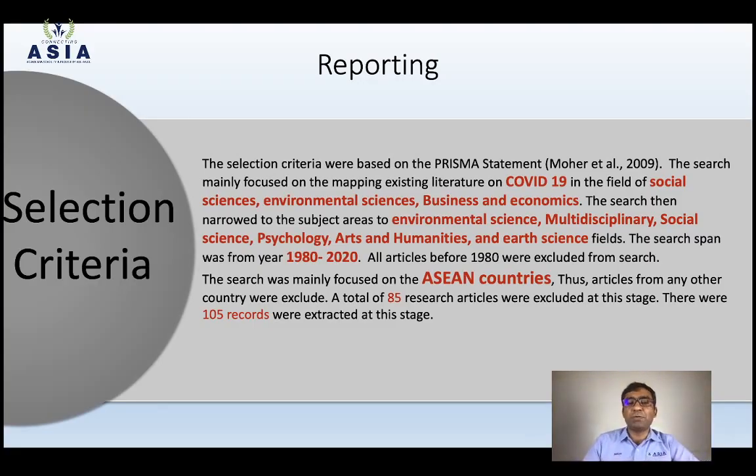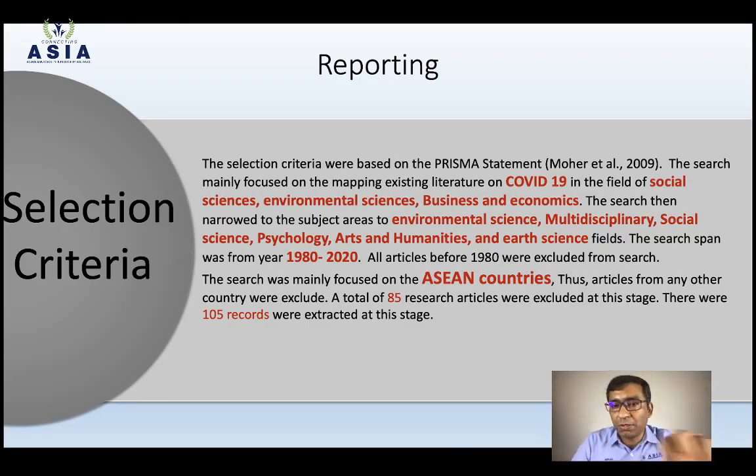Okay, so the time span, and then if you are focusing on some particular countries, you need to explain it, like ASEAN countries or a particular region. And finally, a total of 85 articles were excluded at this stage. There were 105 records extracted at this stage.